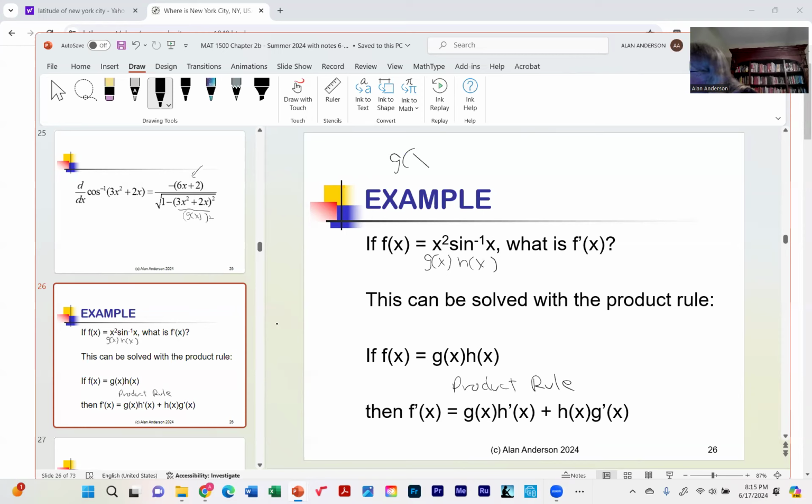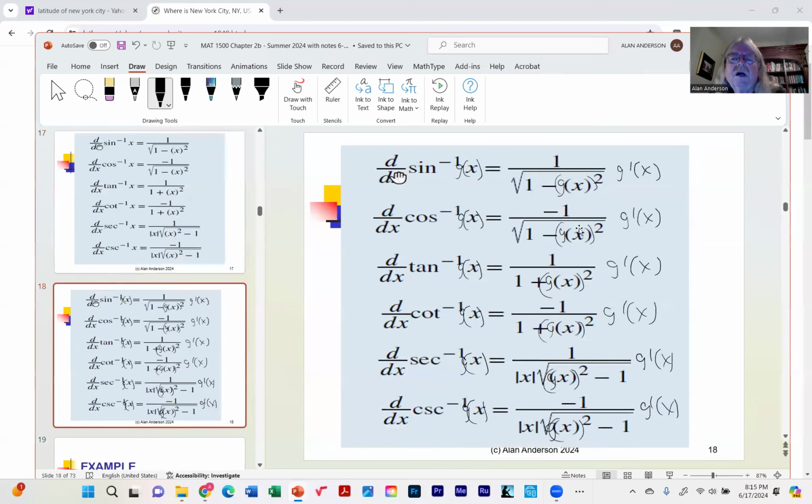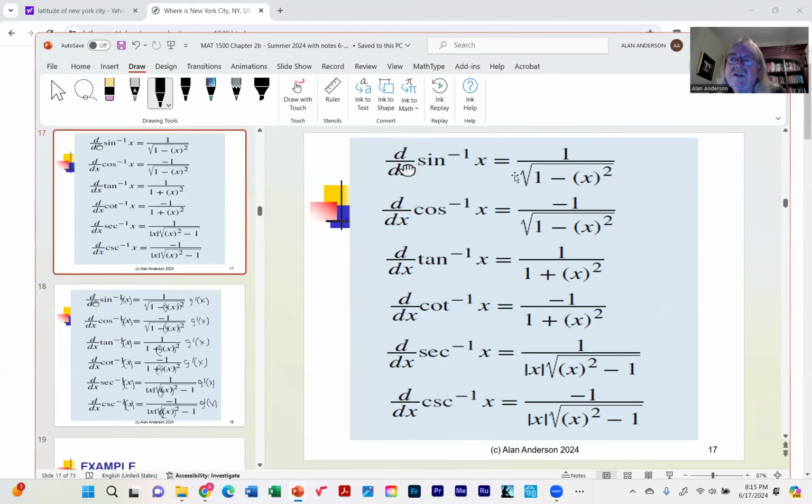So if g of x is x squared, g prime of x from the power rule is 2x. H of x is the arc sine of x. And from our chart, now this is just x, by the way.